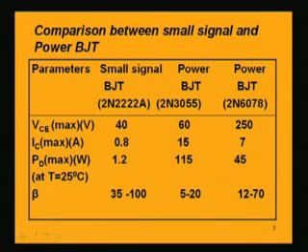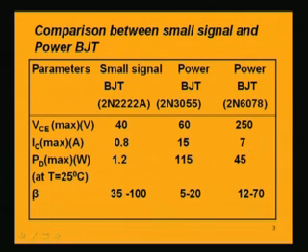For the power rating, the maximum power dissipation is generally specified at an ambient temperature of 25 degrees centigrade. At that temperature the maximum power dissipation for a small signal BJT is only 1.2 watt, whereas a power BJT can dissipate up to 115 watts, and the other up to 45 watts.